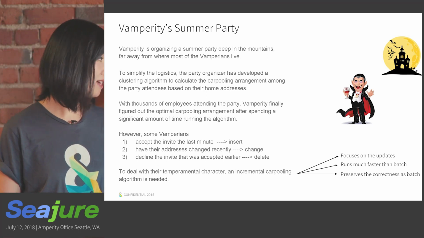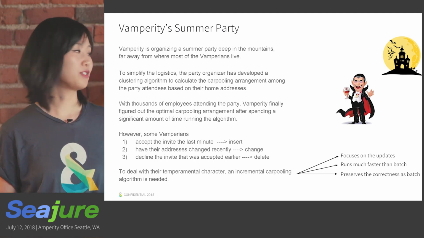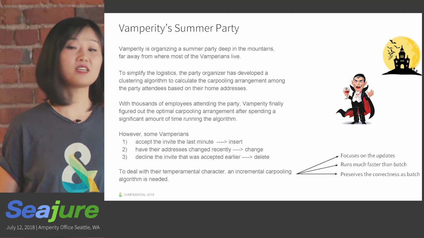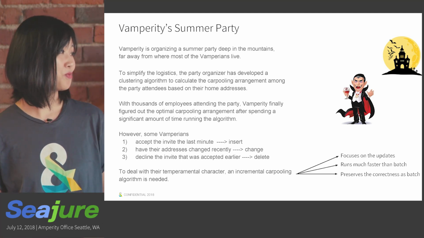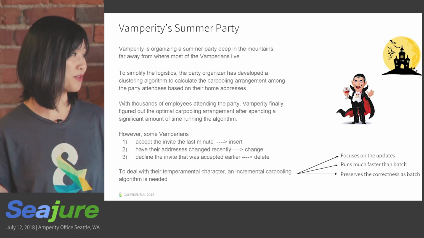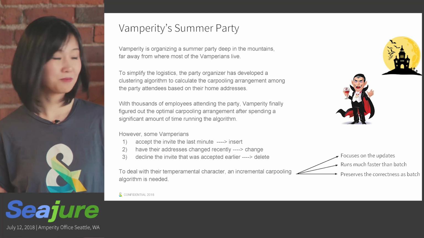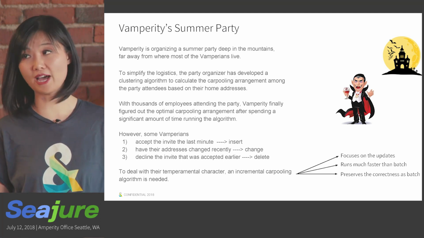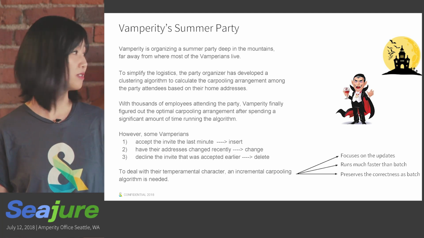So the question is how to deal with their temperamental character. We need an incremental carpooling algorithm. And what are the desirable characteristics of such an algorithm? First, it should focus on the updates. It should run much faster than batch, and it should preserve the same correctness as the batch.